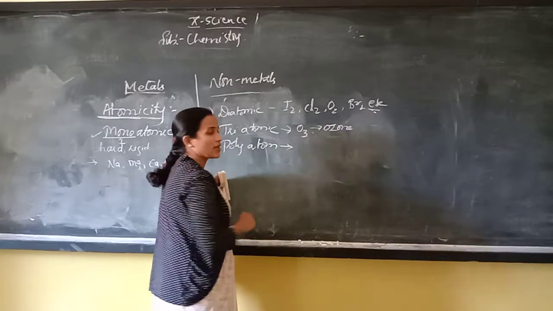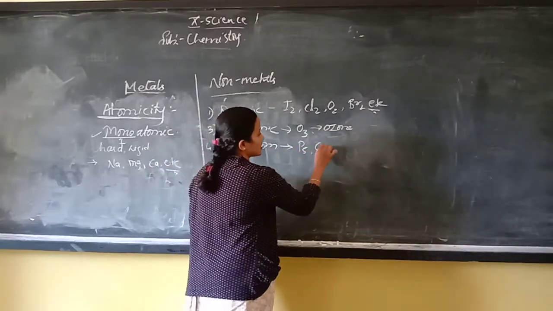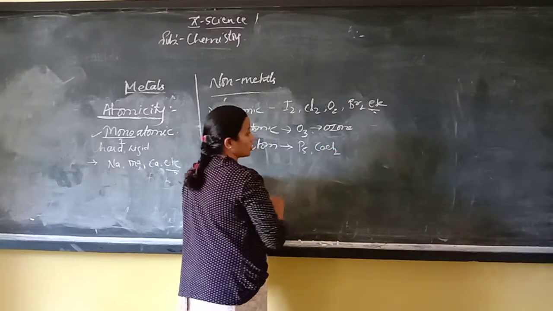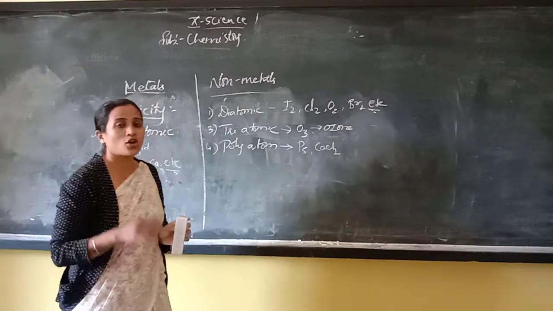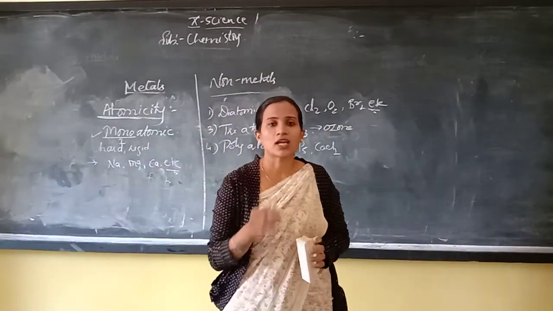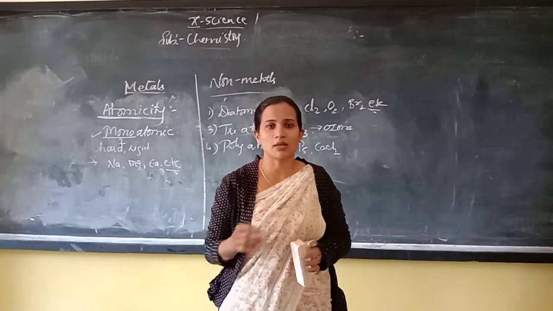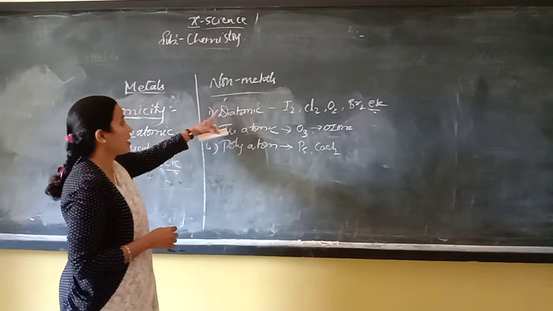Next, polyatomic, maybe P5, or CaCl2. Like this, many substances or elements you will find are made with many numbers of atoms, either 2 or 3 or 5 or more.